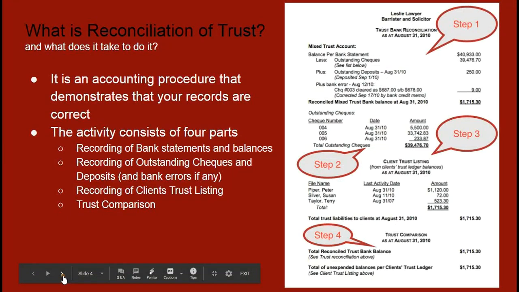So let's start with what this reconciliation process is, why it is required, and specifically focus to start with the trust reconciliation process.